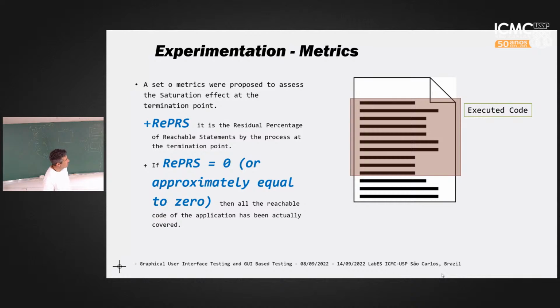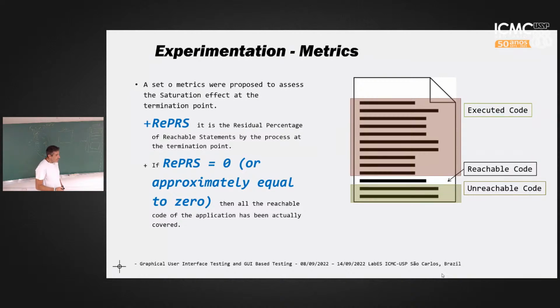So if we don't reach 100%, we try to understand why. Do you have some intuition of why we do not reach 100%? Maybe some code is unreachable. It is the not executed code.